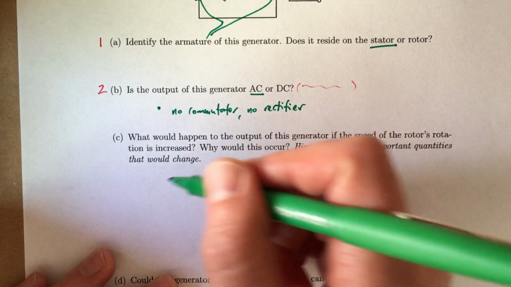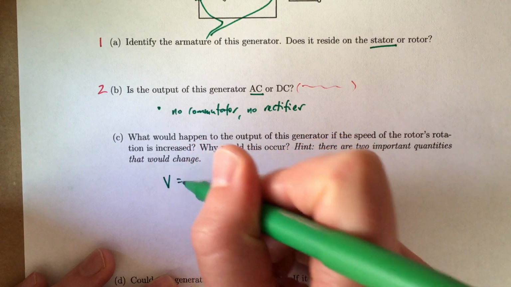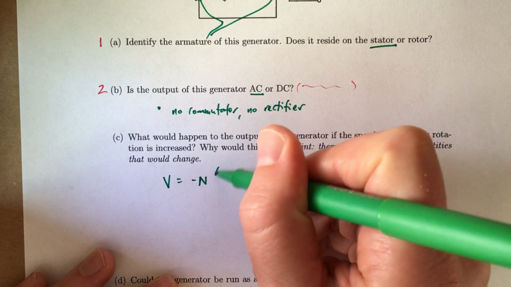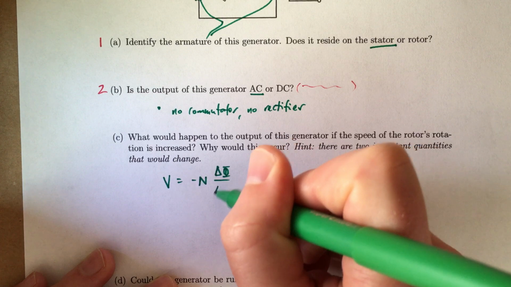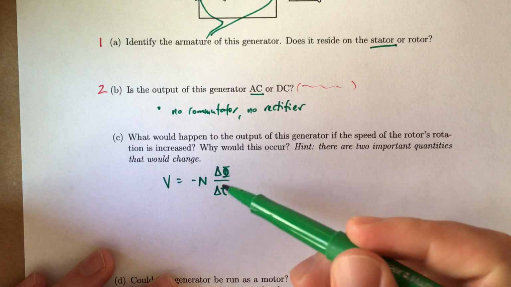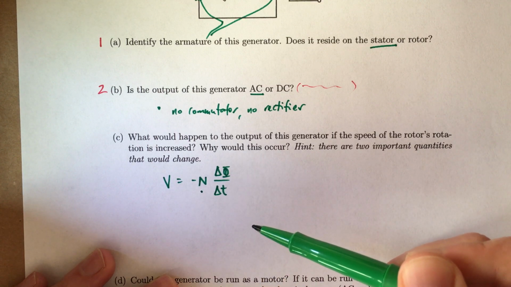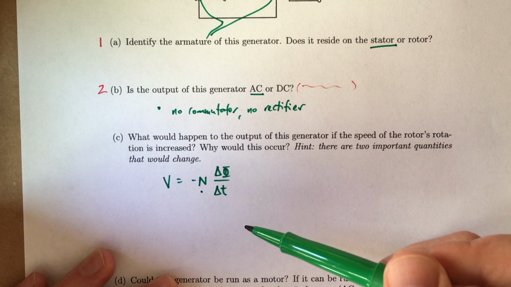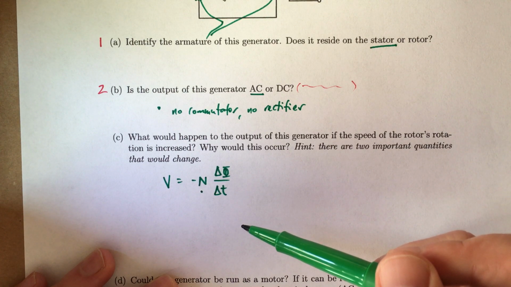Okay, so if we look at Faraday's law. Well, we're not changing the number of coils anywhere, so we're definitely not changing the construction of the generator. We're just spinning the magnetic field faster.